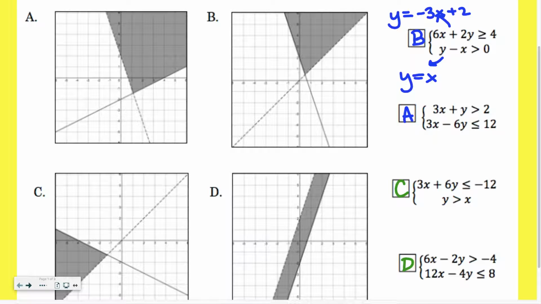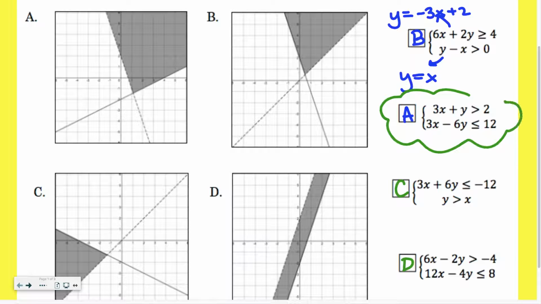Okay. How do we know where to shade? Why are these shaded in only a particular space? Okay, so this is actually an overlap, right? Let's look specifically at A right here.